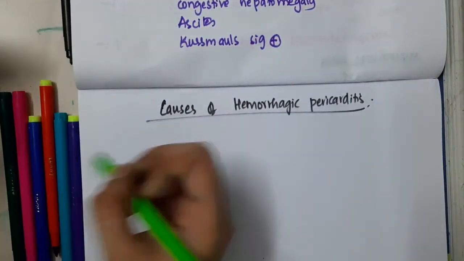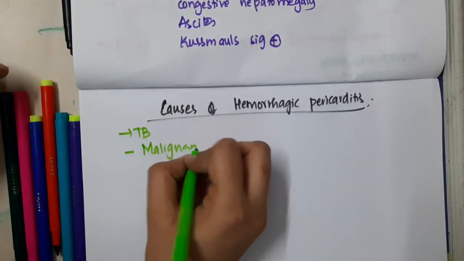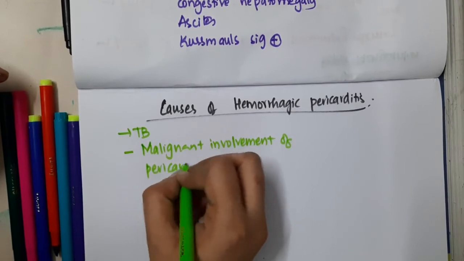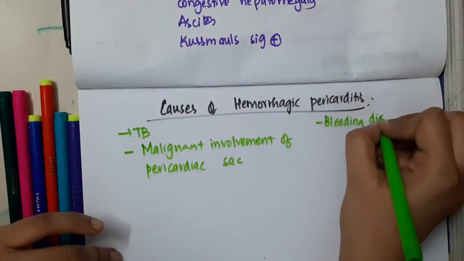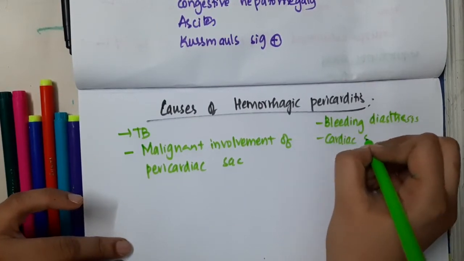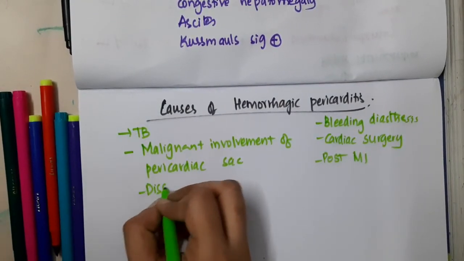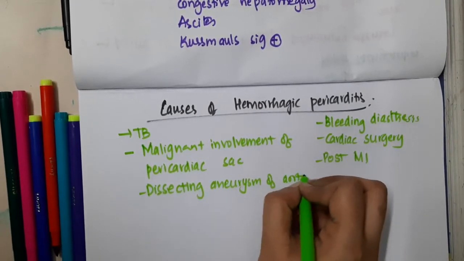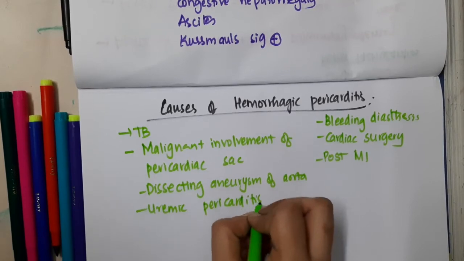The causes are tuberculosis, malignant involvement of the pericardial sac, bleeding diathesis, cardiac surgery, post myocardial infarction, dissecting aneurysm of aorta, and uremic pericarditis. All these are the causes of hemorrhagic pericarditis.